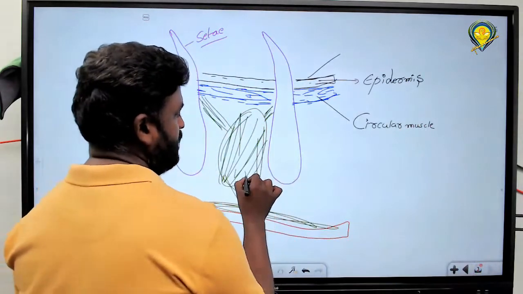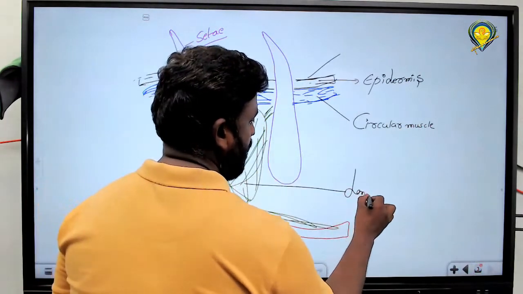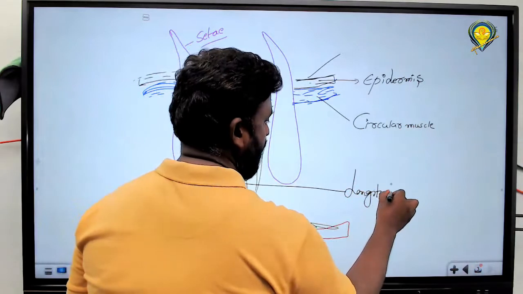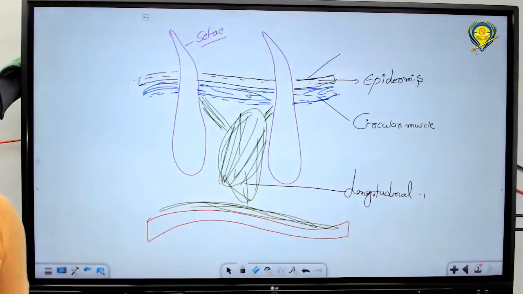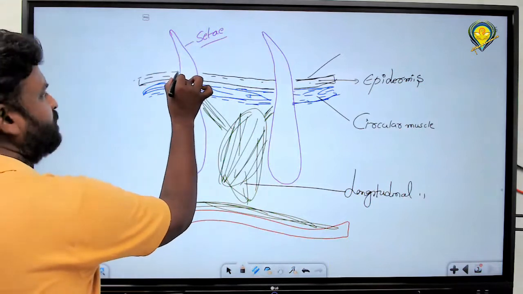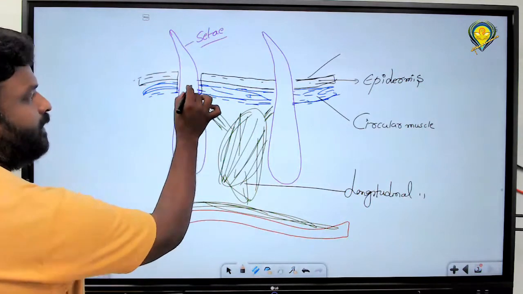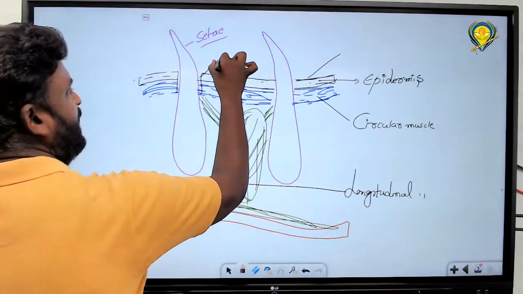Next one, what? Inner is what? Longitudinal muscle, right? And next, you know what is the space here in the epidermis? The space is called the epidermal pits.